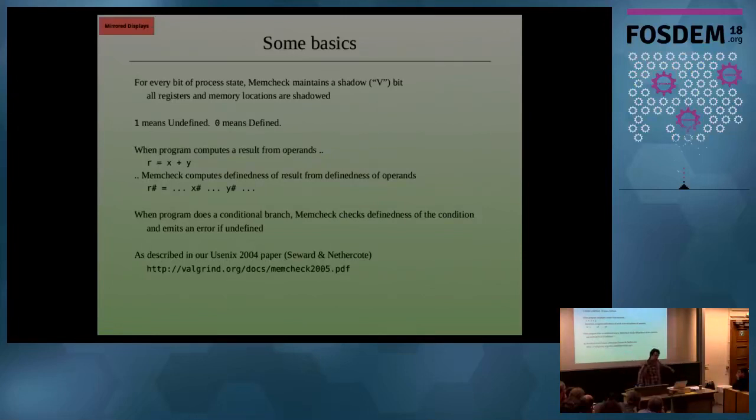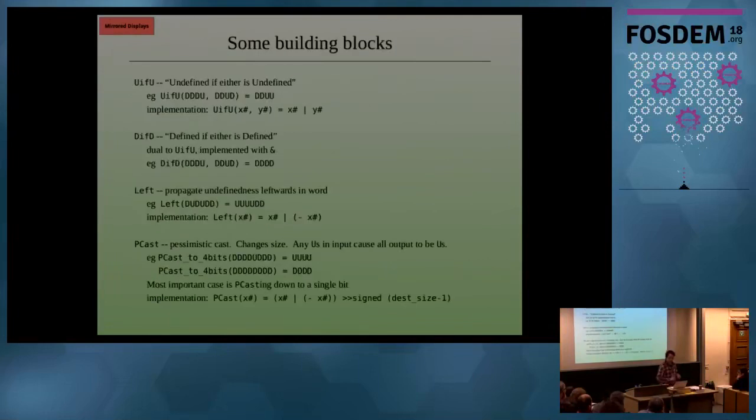By doing this, it tries to follow definedness through all the arithmetic in the program. When it gets to an if, or the use of a value for a memory address, or a couple of other obscure things, it checks whether the value is defined, and generates an error at that point if it's not. We wrote this all down quite nicely in a paper, which you can look at if you like this kind of stuff. Here are some basic building blocks.